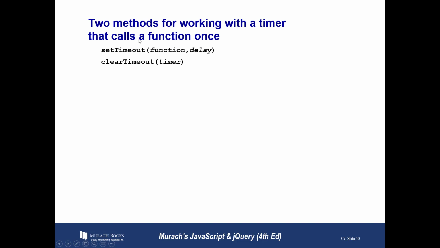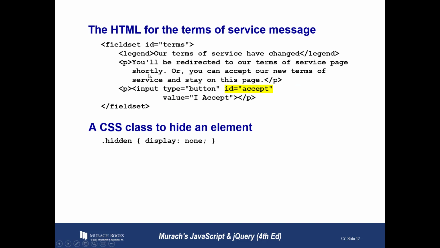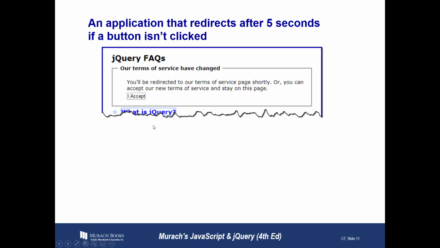Two methods for working with a timer that calls a function once. Again, the setTimeout and the clearTimeout. An application that redirects after 5 seconds if a button isn't clicked. Notice we got this hidden here is set to display none.